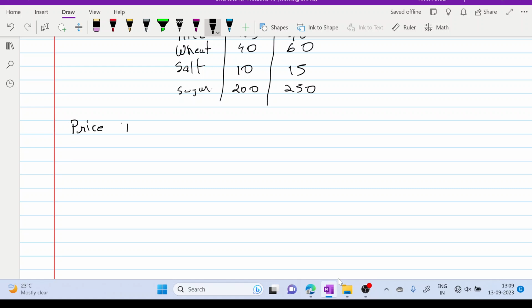You have price index numbers. Then you have quantity index numbers. And the third is value index number. Okay. So price index number, quantity index number and value index number.